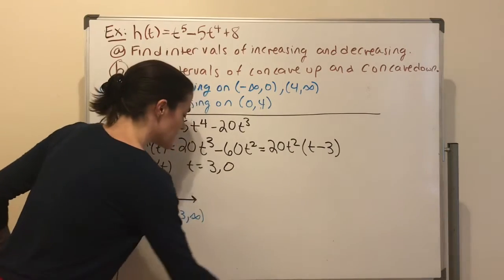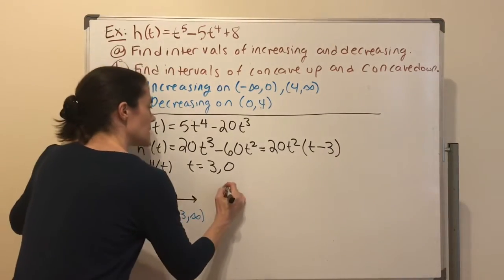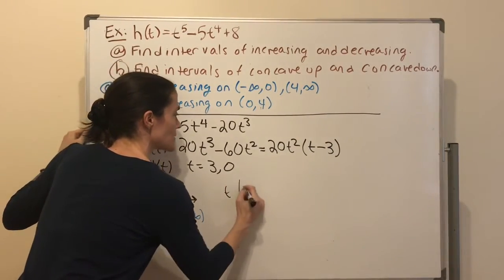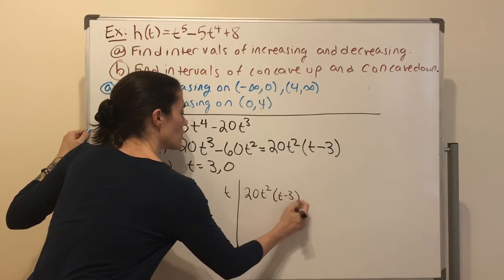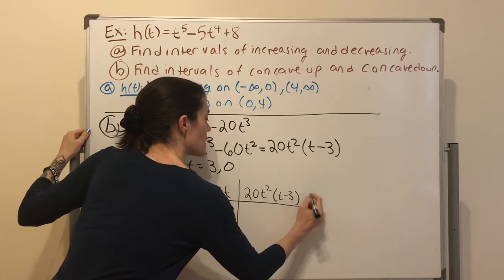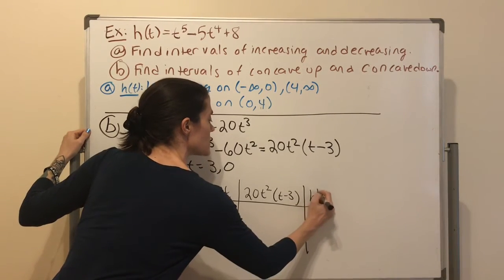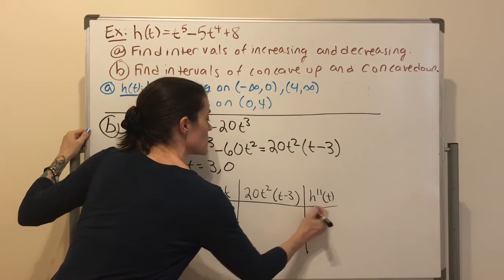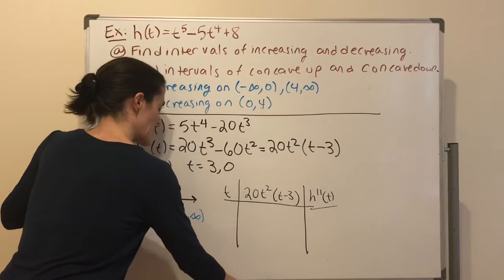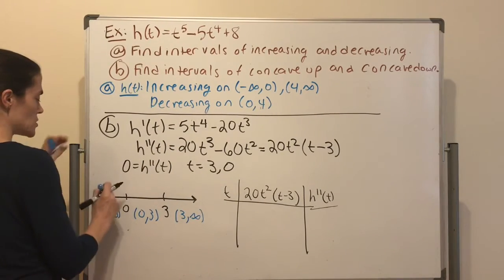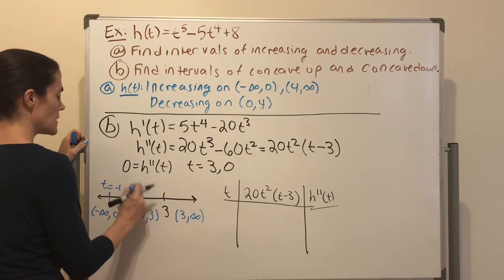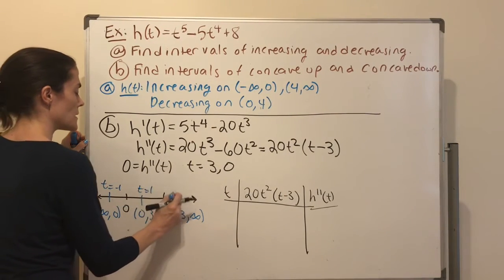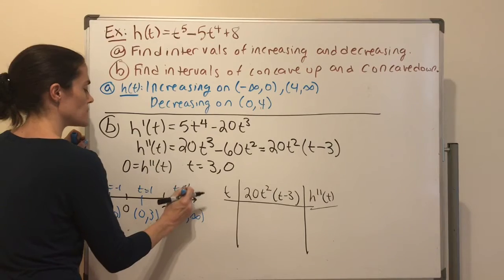Second derivative. So I need t, I have this factored, and then I need the sign of the second derivative. And again, I will pick something in each interval. Let's use t equals -1. Let's use t equals 1 and t equals 4.